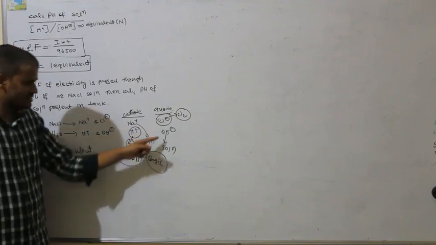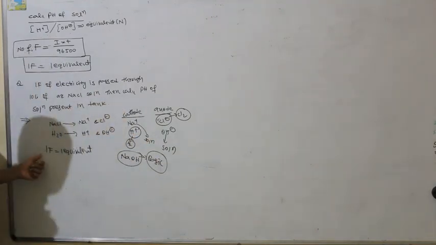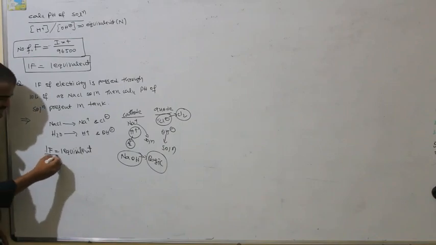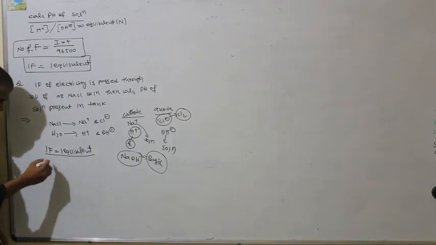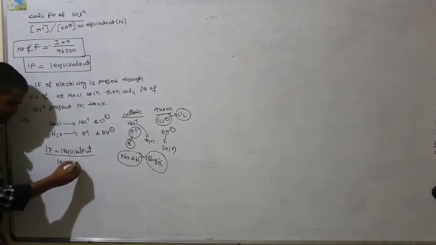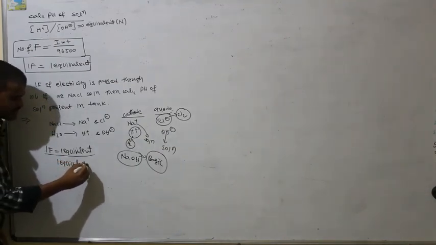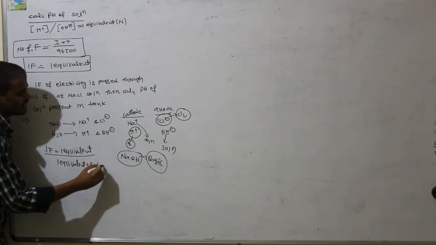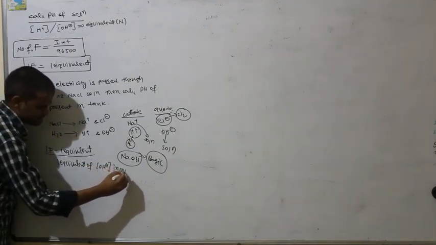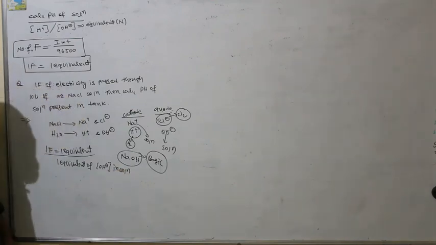So here OH minus is going to remain. So we are calculating the normality of OH minus. 1 Faraday equals 1 equivalent means you have 1 equivalent of OH minus in solution.